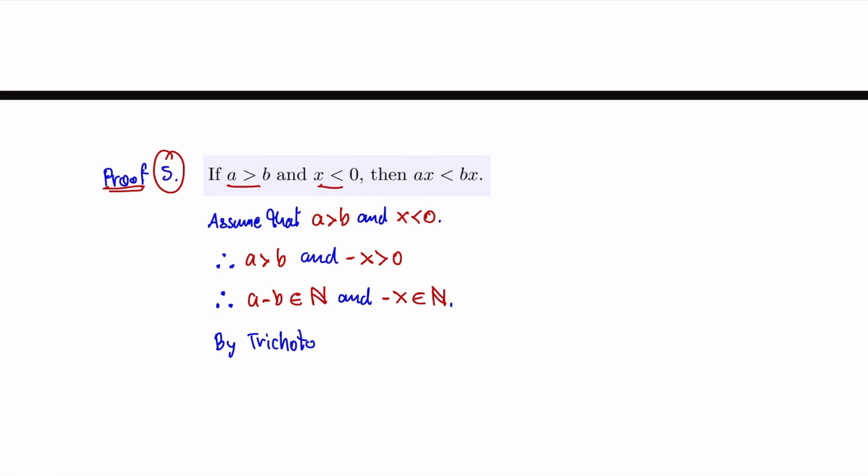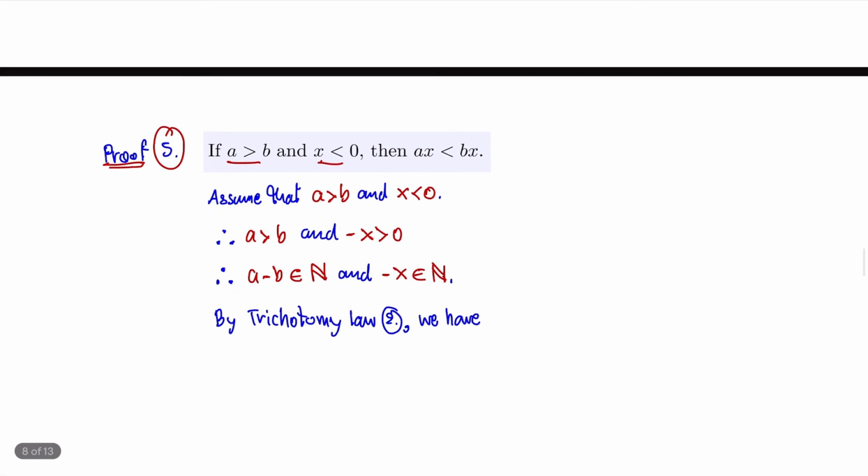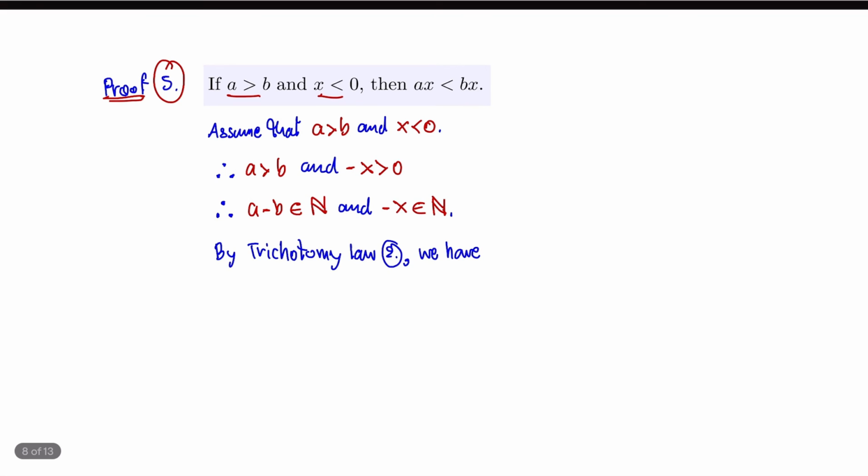Okay, so by trichotomy law, the second one, what do we have? Okay, I want to start with bx minus ax because when you take a look at the direction of inequality, we can have ax less than bx. I want to start with bx greater than ax.